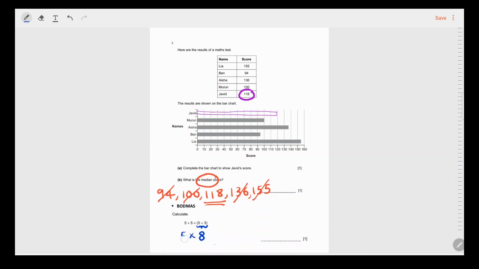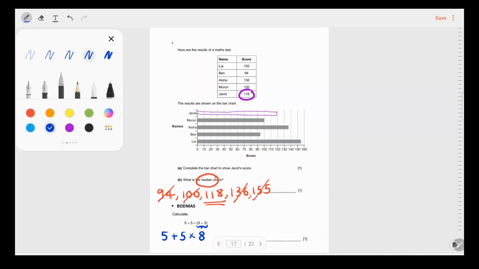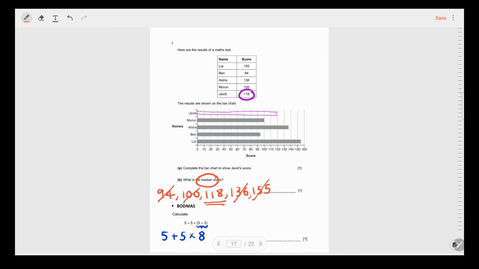Next we have an addition and a multiplication. In this case, you would first do the multiplication because M comes before A. So 5 times 8 is 40. And then we write the rest as it is. So 5 plus 40 is 45, which means our answer here is 45.